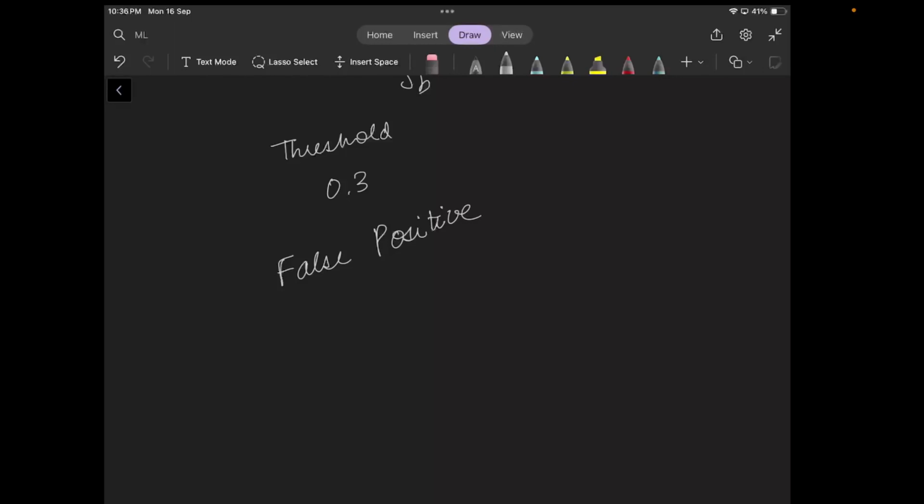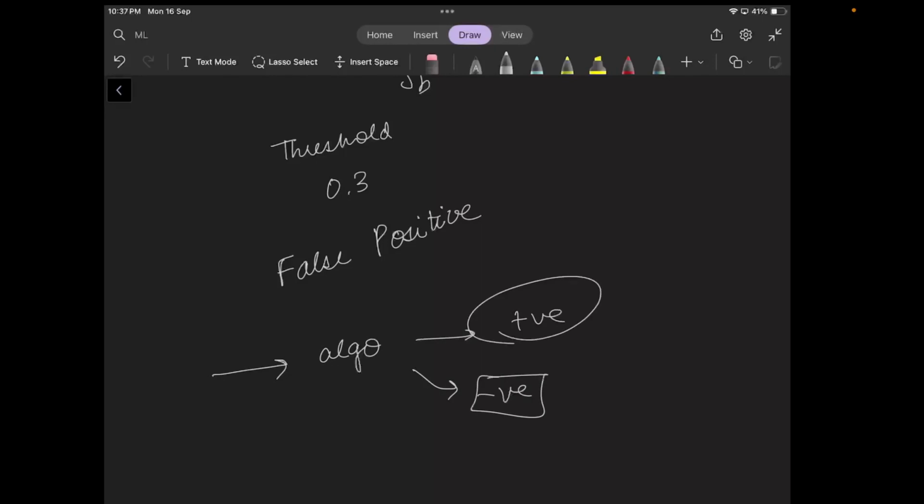First I use the algorithm, then it gives me some positives and some negatives. I can discard the negatives, and from the positives the doctor manually inspects which are the actual positives.